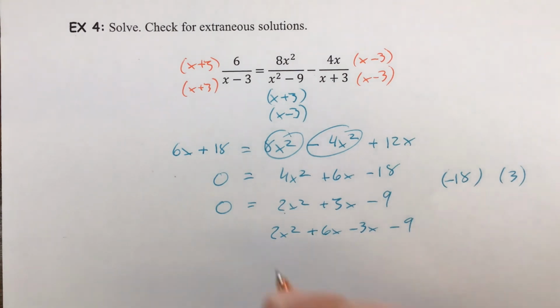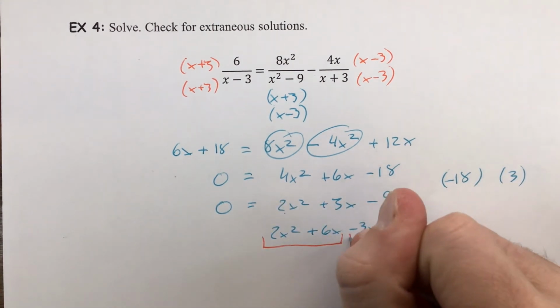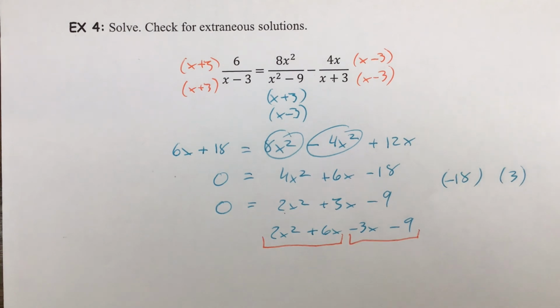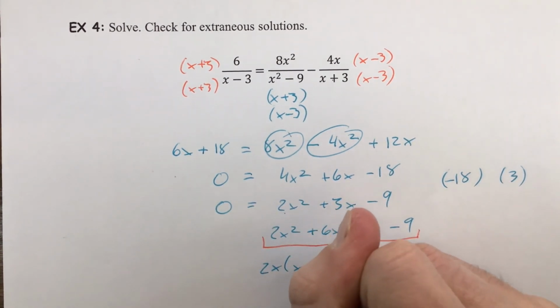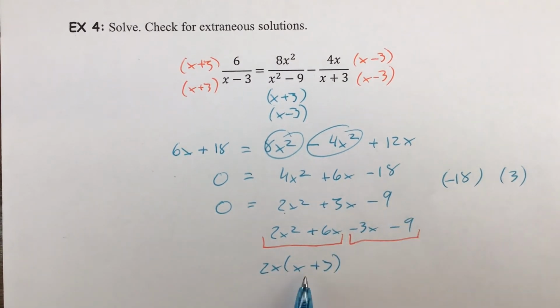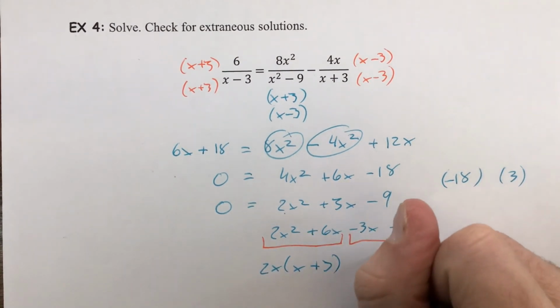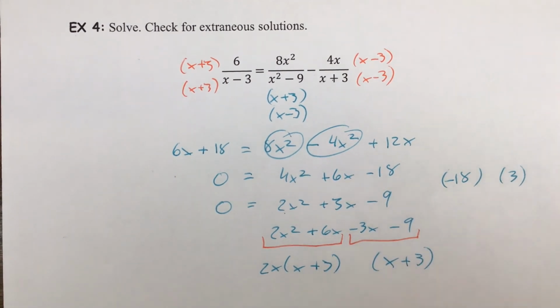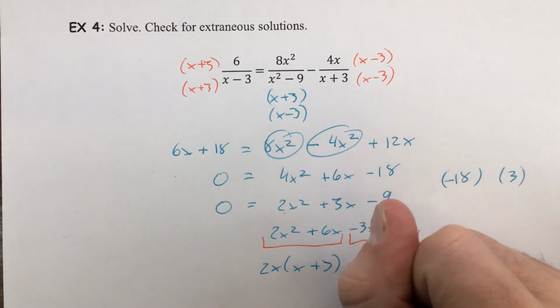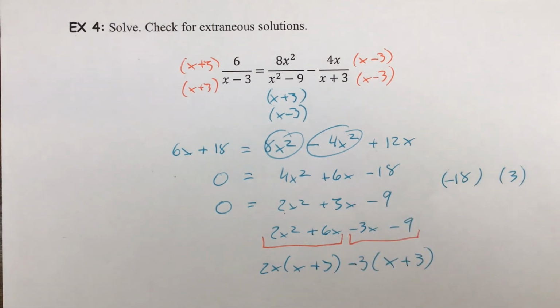All right, so factoring by parts. We'll separate those. We can factor out a 2x. We get x plus 3. So this also has to be x plus 3. We get that by factoring out a negative 3.